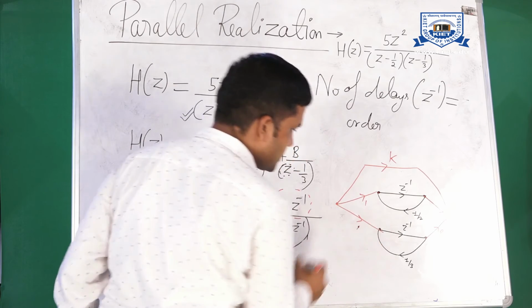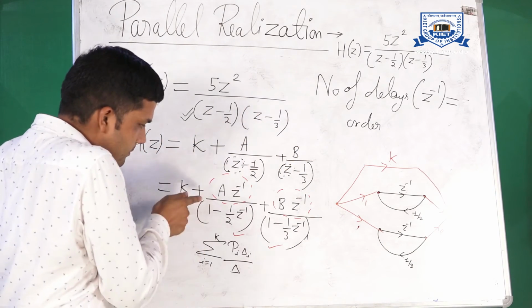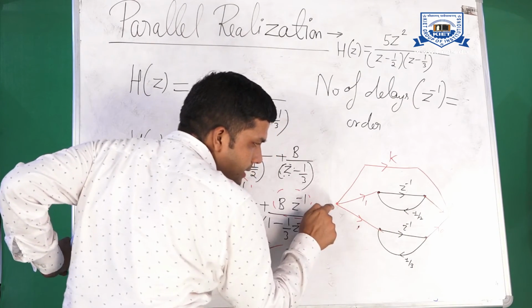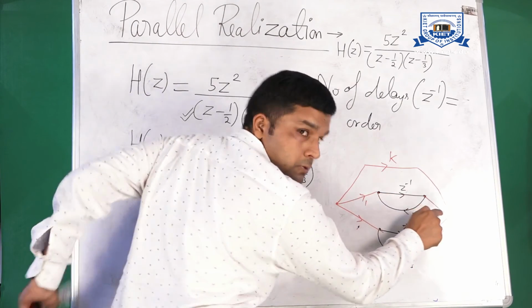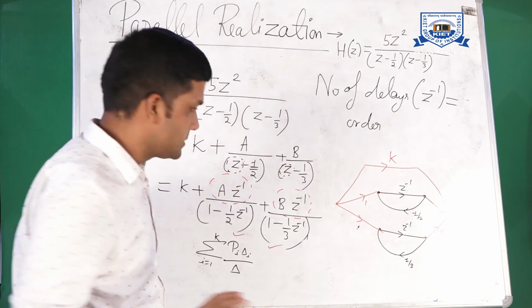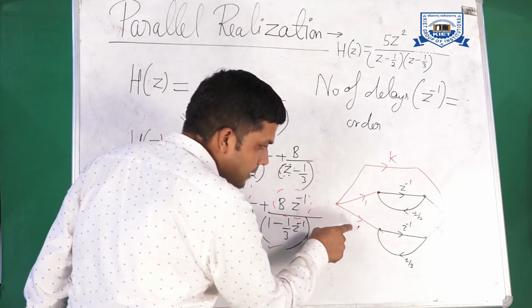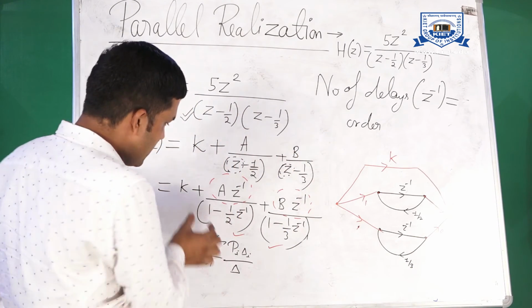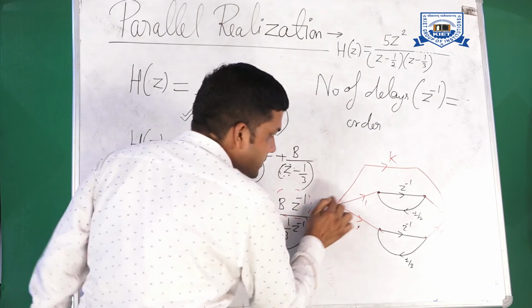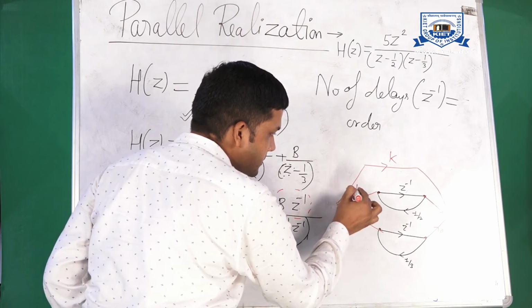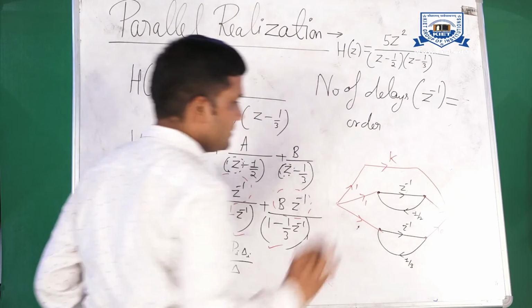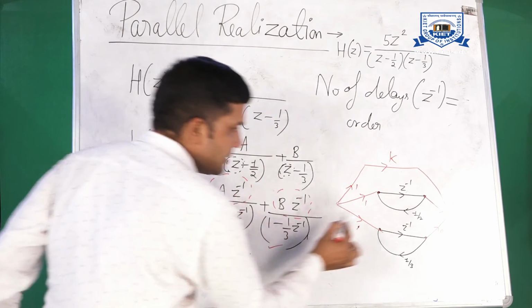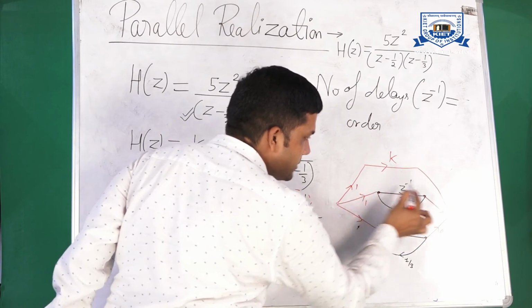Only K and nothing else, so connect 1 and 1. Now check the value of P1. If we go from A to B, then we get 1 into z inverse into A, meaning A z inverse. From that path, 1 into z inverse into B, meaning B z inverse. Now this is 1 and only K. Now the loops: 1/2 z inverse and 1/3 z inverse.